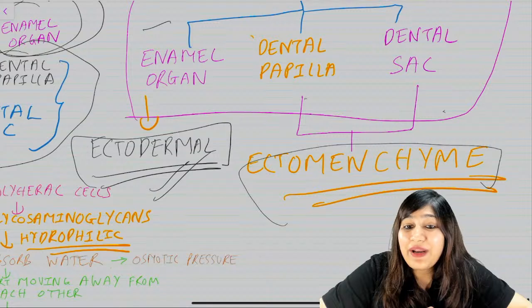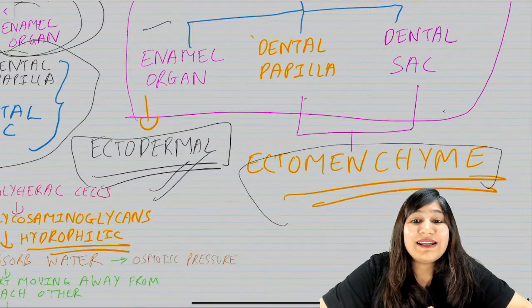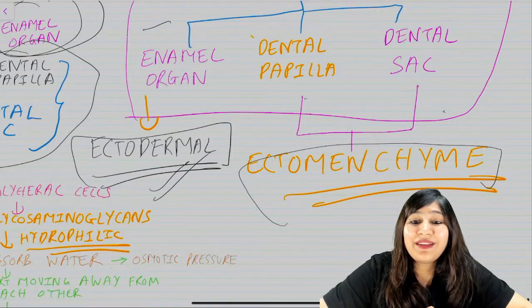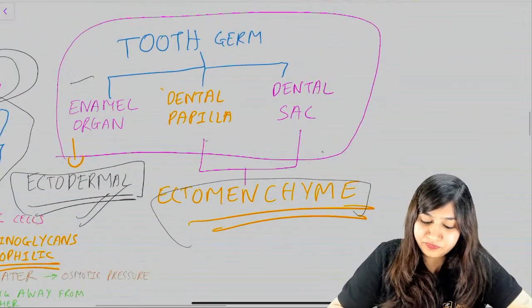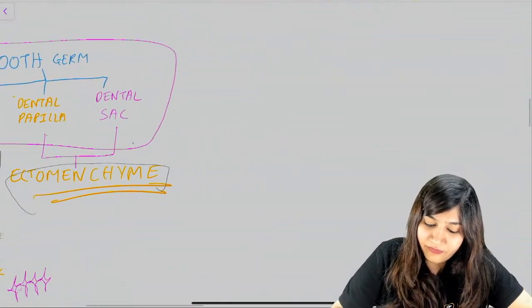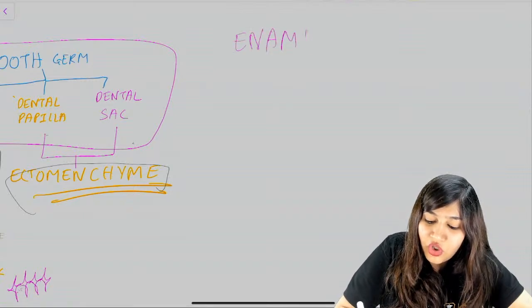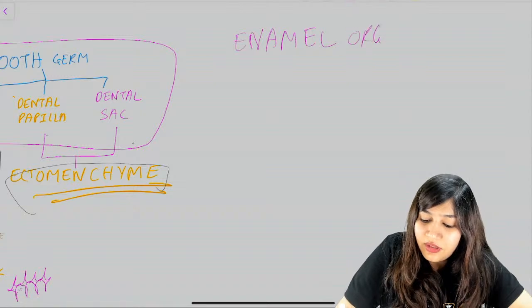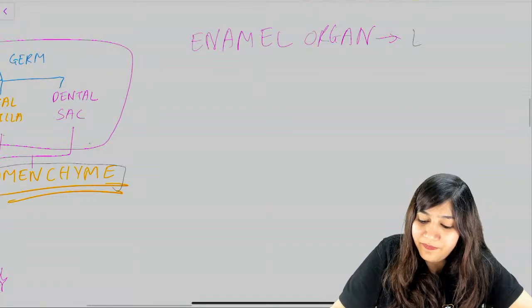And dental papilla will form what? Dentine and pulp, and dental sac will form CAP. Always remember this. Enamel organ leads to the formation of enamel, right?